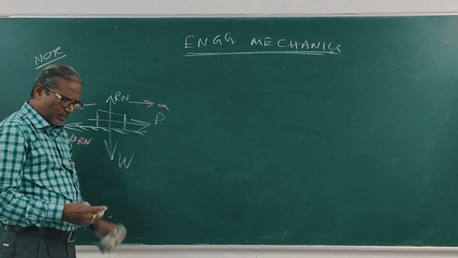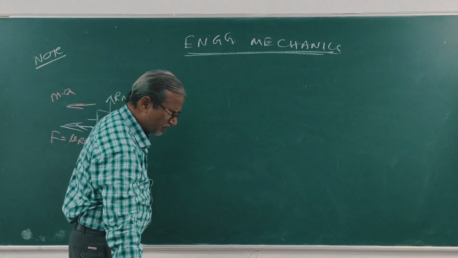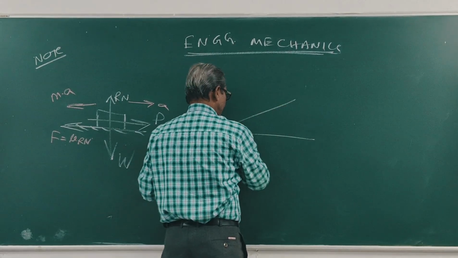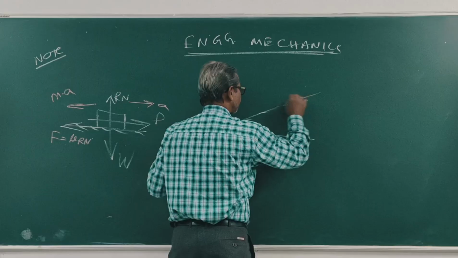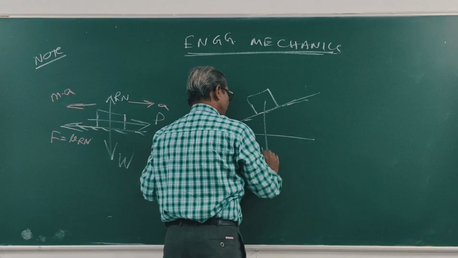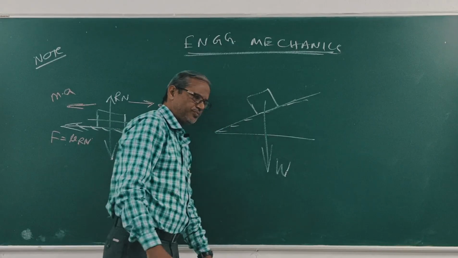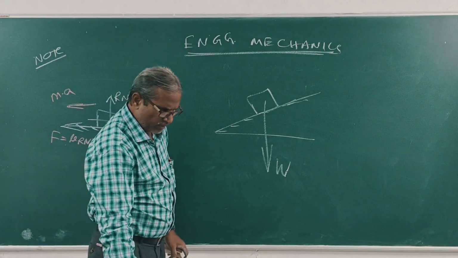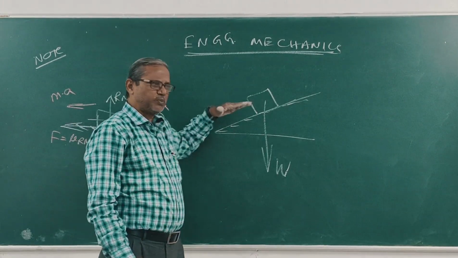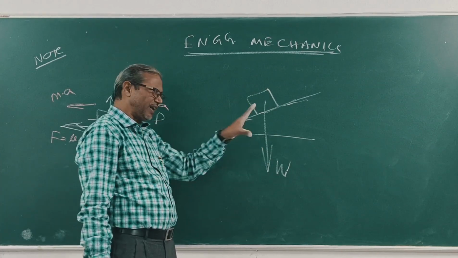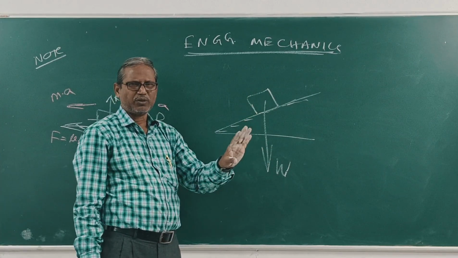Suppose in an inclined plane, this is the inclined plane, the weight is W. In this plane, suppose the force P is applied, then friction acts opposite to the force. But here, no force is acting on the body, only weight.